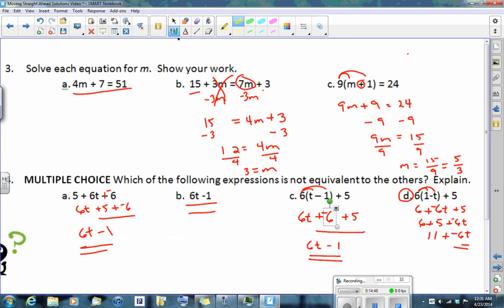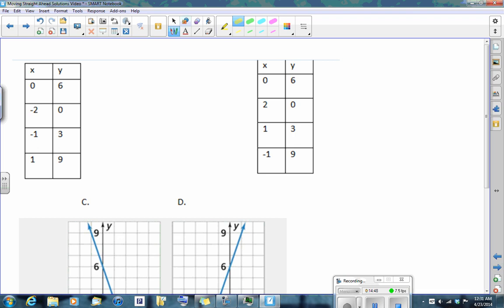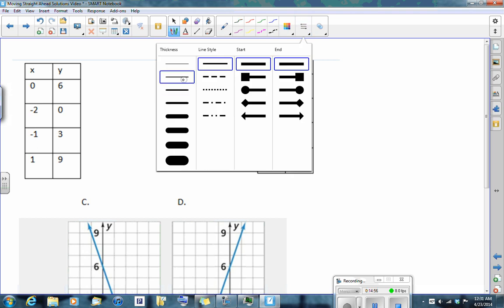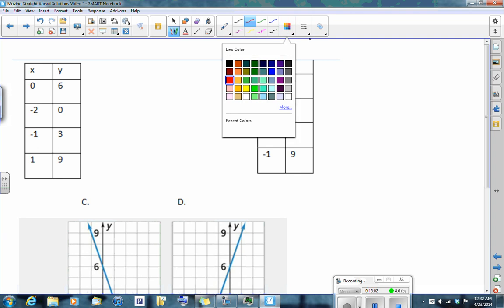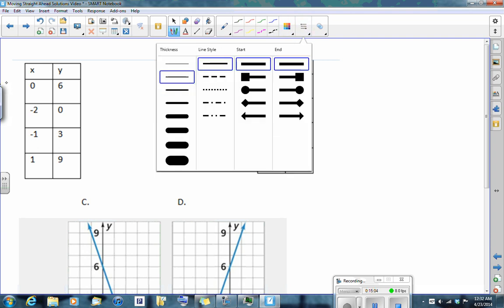So we'll go over here to our table. Let's use red, it's easier to show up. First of all, they were kind of mean.